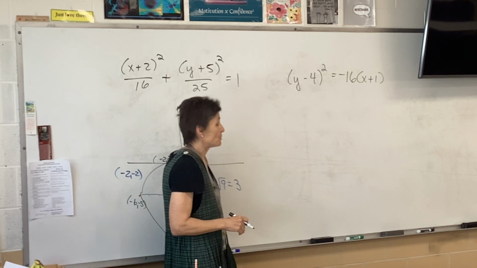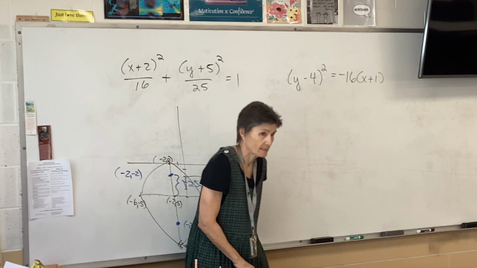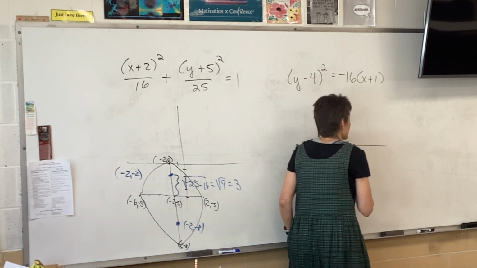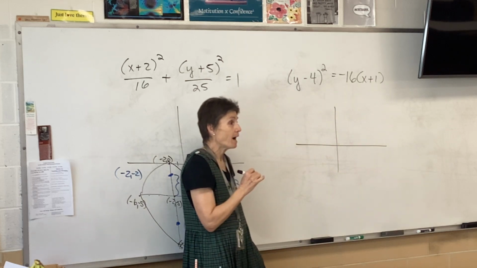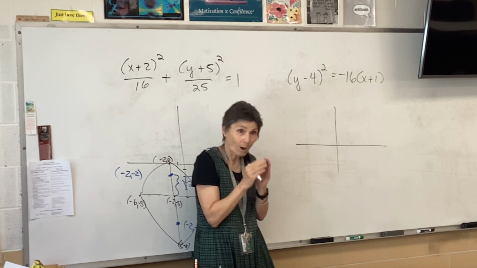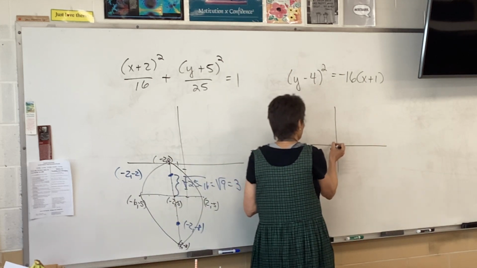So right away, you can tell me where the vertex is, very carefully. -1, 4. Now, tomorrow, kids, I will not be saying, be careful. You're going to have to watch that on your own. Your vertex is at -1, 4.